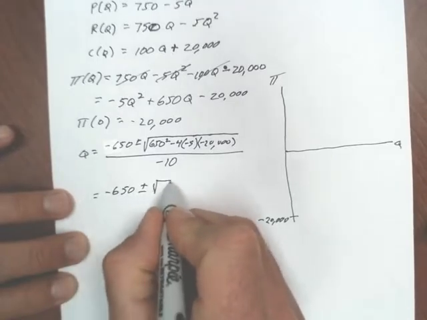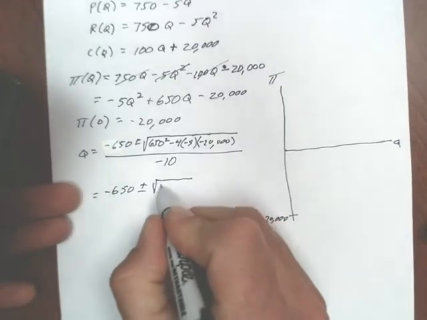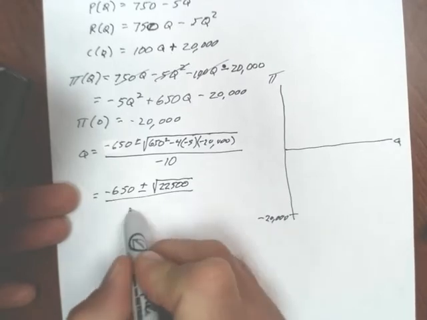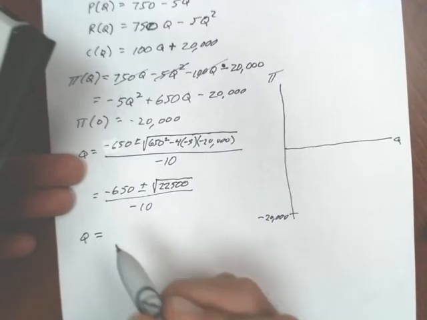So then Q equals negative 650 plus or minus something. Let's see what that something is. It's 650 squared minus 4 times negative 5 times negative 20,000. That is the square root of 22,500, divided by negative 10.